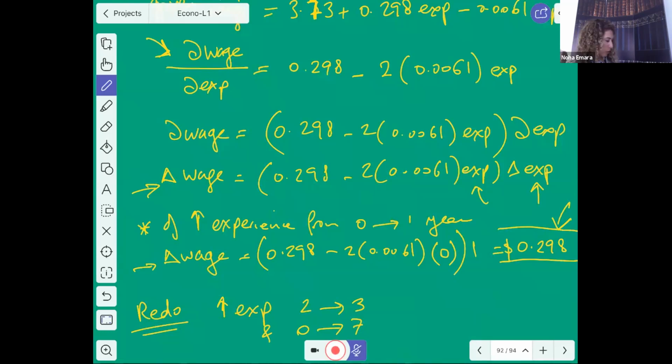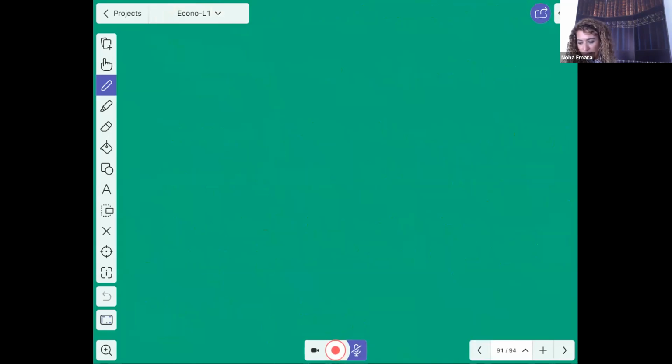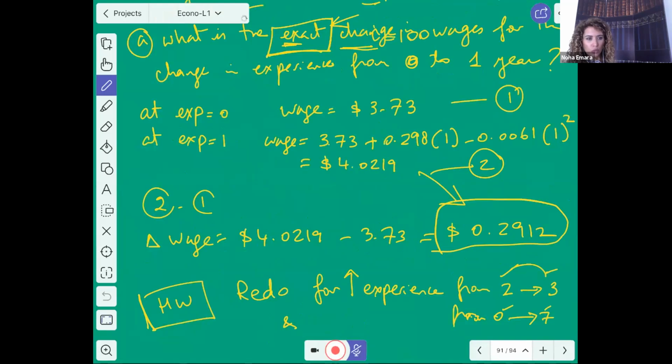Make sure that you complement your notes with your textbook, because personally I like the approximate changes. It's much easier and it gives me almost the same answer. So here my answer is 0.298, here my answer is 0.2912. If you tell me approximately 29 cents versus 30 cents, I say the answer is the same.